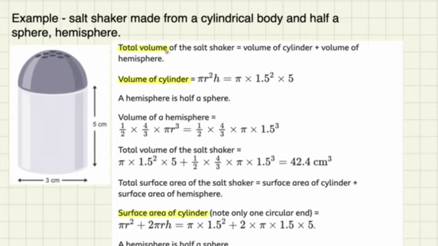The total volume of the salt shaker is the volume of the cylinder, this bit, and the volume of the hemisphere, that part. The volume of a cylinder, we know from previous videos, is pi r squared h. Now here for the salt cellar, h is 5 centimeters.